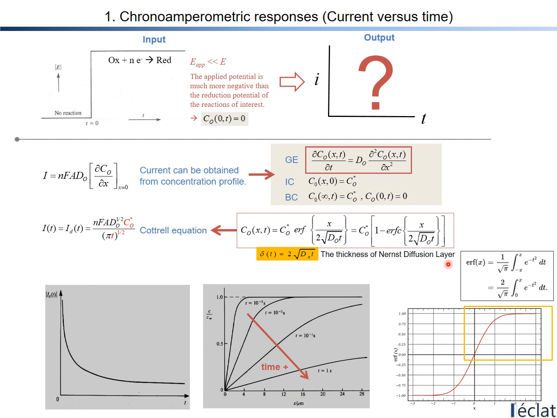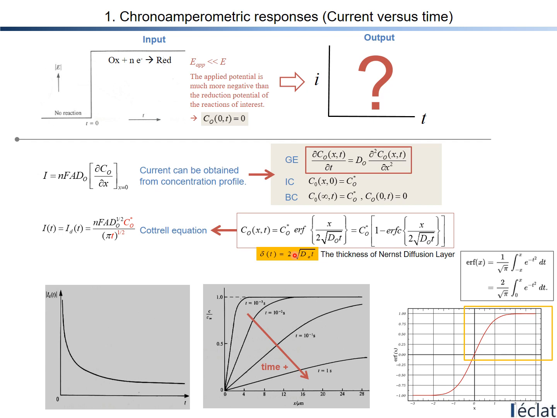In the previous chapter, we used the Nernst diffusion layer, delta as a function of time, which is equal to 2 times the square root of the product of diffusivity and time. So the thickness of the Nernst diffusion layer is changing with time.